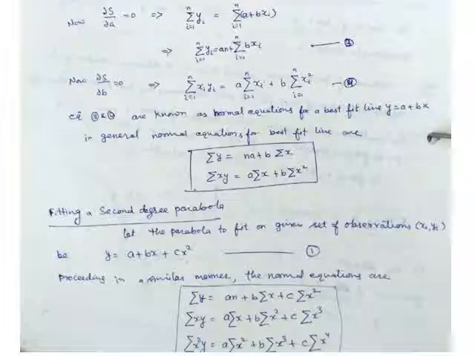It is equation number 4. Now by solving equations 3 and 4, the equations for the best fit straight line are summation y equals n into a plus b summation x, and the second one is summation xy equals a summation x plus b summation x square. These two equations are also called the normal equations of a best fitted line.